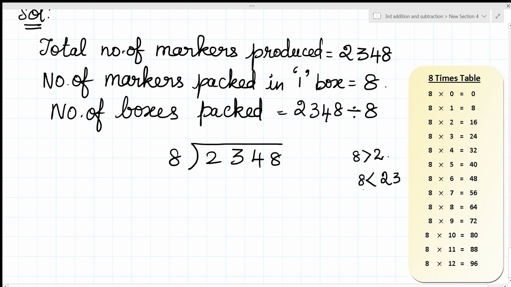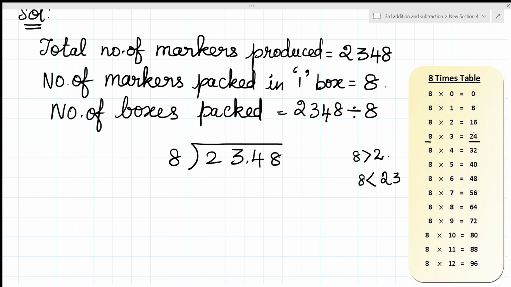That is greater than the divisor. So look at the table. Do we have 23 in 8 table? 8 threes are 24. We have 24, but it is greater than the dividend, the number.